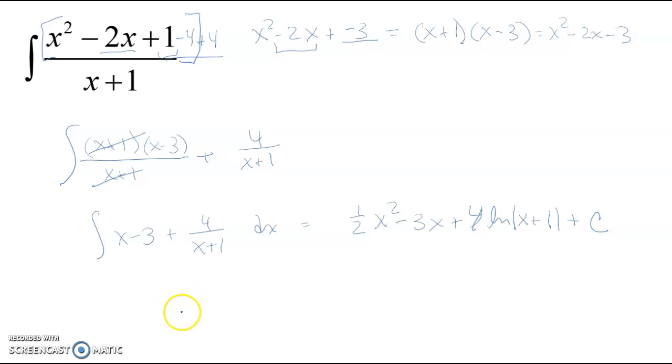Easy trick. Next week we'll look at when the denominator has a larger power than the numerator.